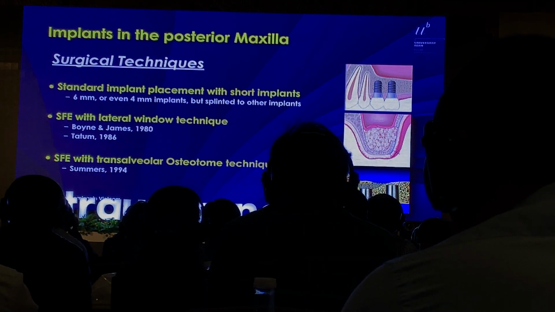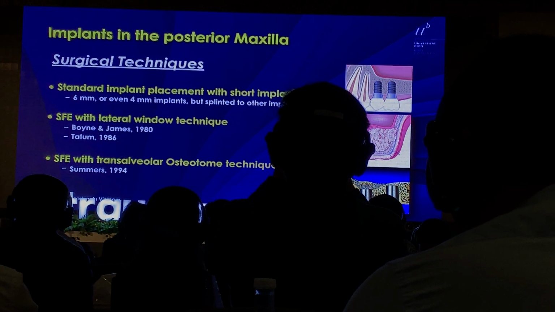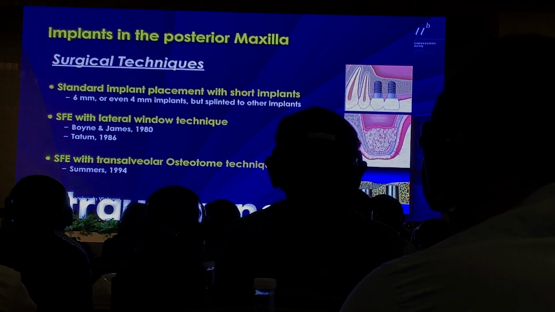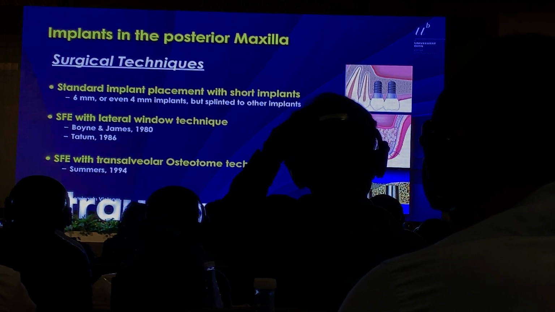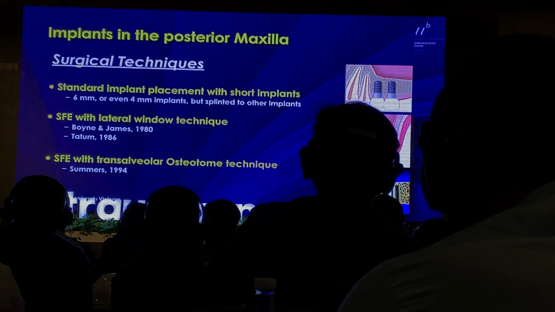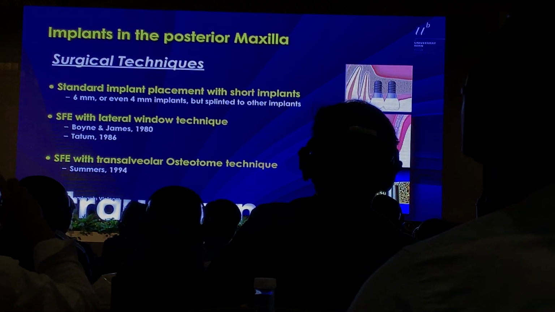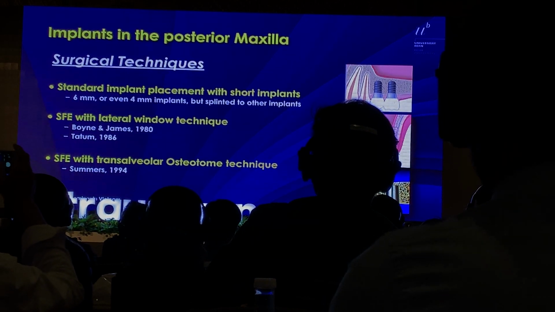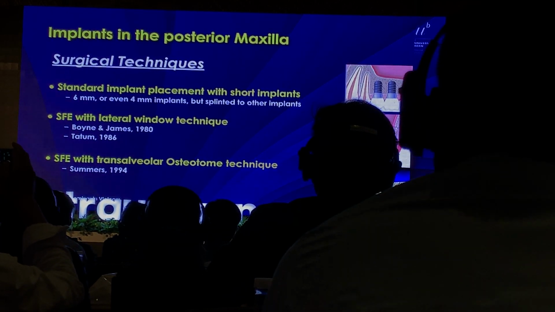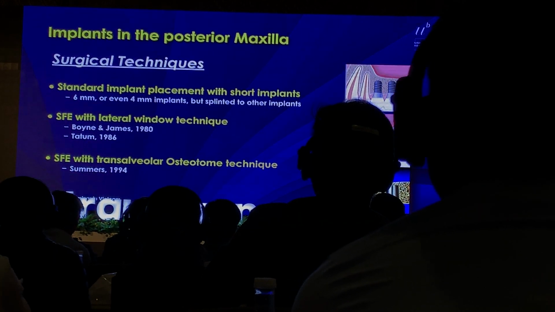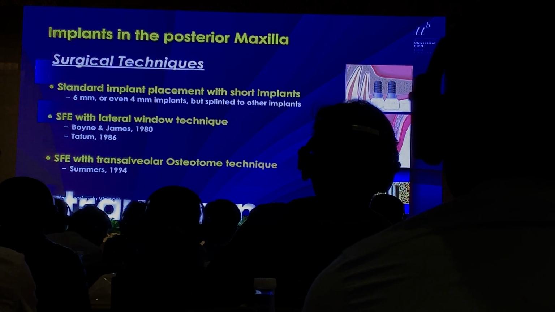And in this region, this is a topic for tomorrow, you can either use short implants, or you do sinus floor elevation, simultaneously or staged with the so-called lateral window technique, or you do the sinus elevation with the transcrestal osteotome technique. I will show you tomorrow how often we do what. Today we'll just talk a little bit about short implants.